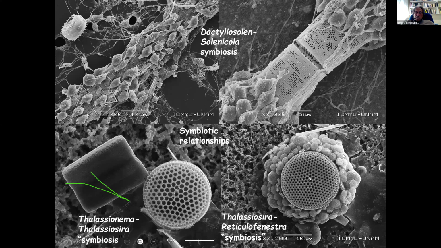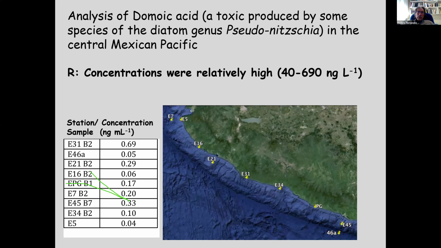I suppose that this Reticulofenestra is very heavy, so the diatom is very limited to remain in certain layers of the water column. Despite that, one of my students found that this relationship has considerable densities in Acapulco. So we don't know if this is important in terms of buoyancy or not.